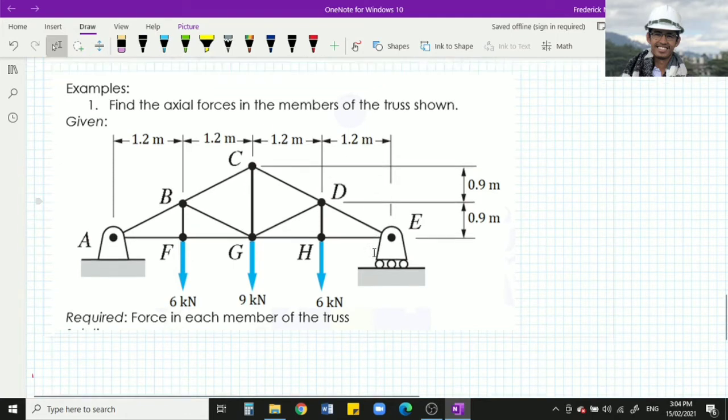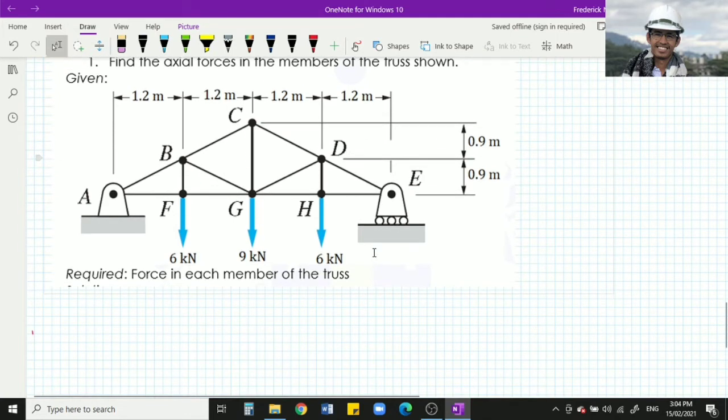So, yung required natin to analyze, kailangan malaman natin yung mga force na nag-act sa ating bawat member. So, para makuha natin yon, first, kukunin muna natin yung ating reaction. Okay? So, first sa truss is meron tayong reaction dito sa A. So, this is pin connected. So, magkakaroon tayo dito ng A vertical and magkakaroon din tayo dito ng A horizontal.